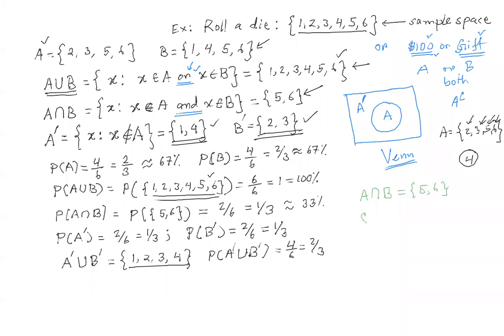C is equal to 3, 6, and D is equal to 1, 2. What is C intersection D? In this case, what would that be?